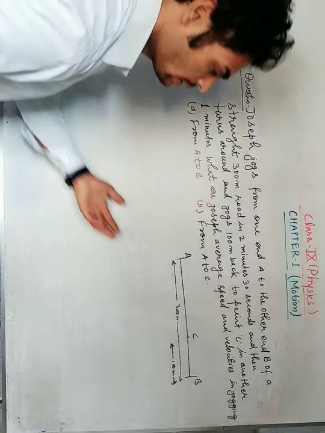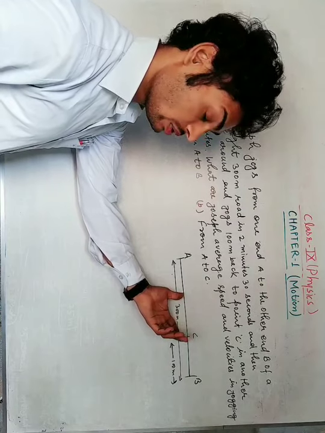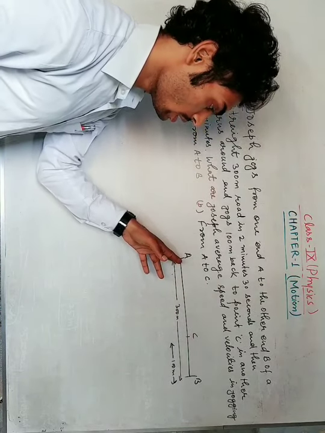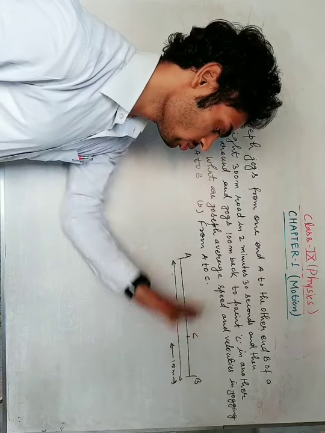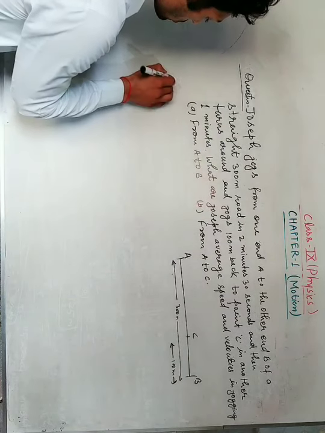Then we have to find the average speed and average velocity when Joseph jogs from point A to B and point B to C. Then let's solve.